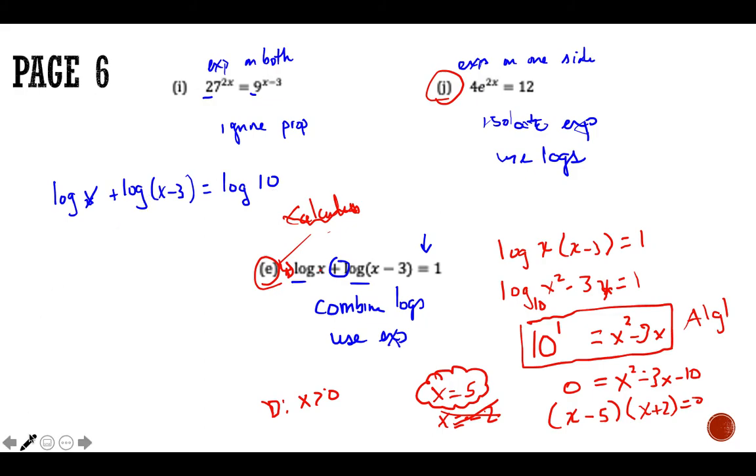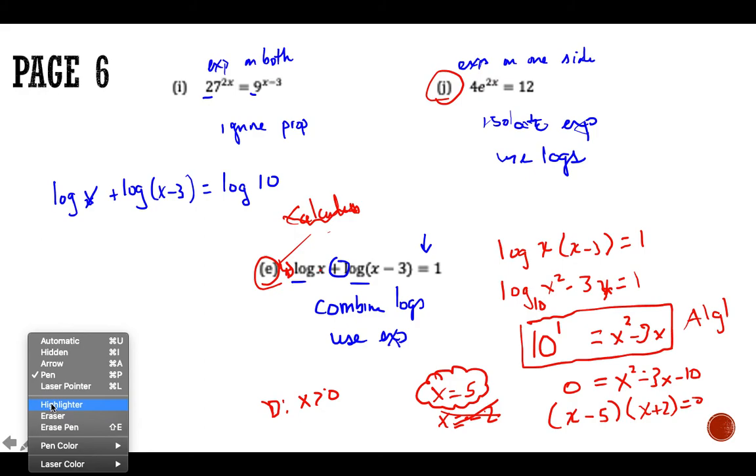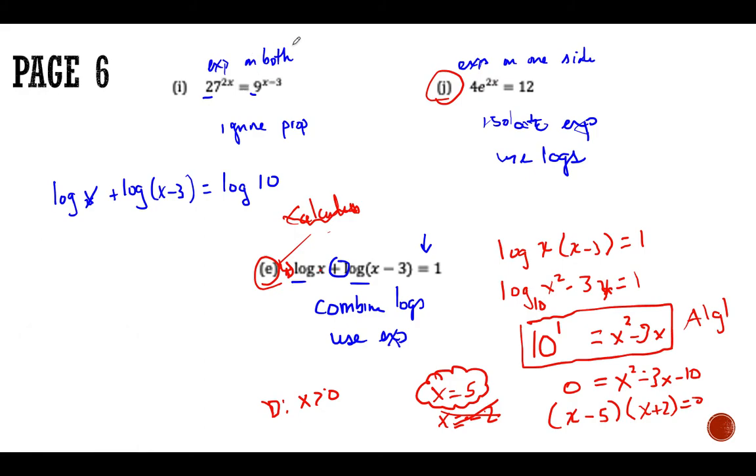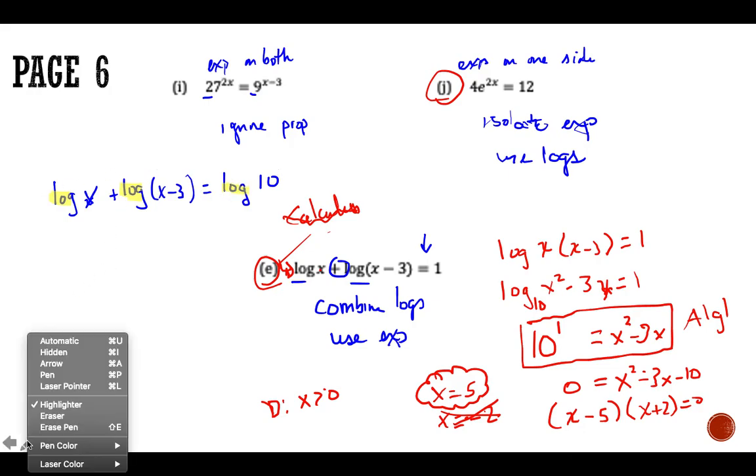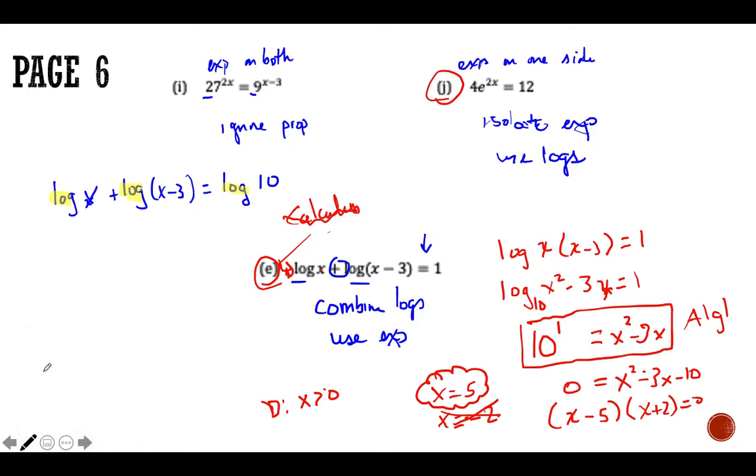Since you have logs on both sides, I still have to combine these two logs. So I would get log of x squared minus 3x, but now, since I have logs on both sides, I can just use the one-to-one property.